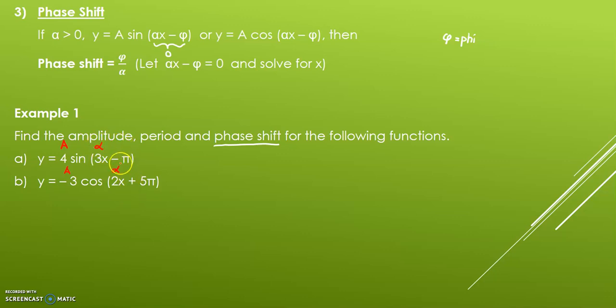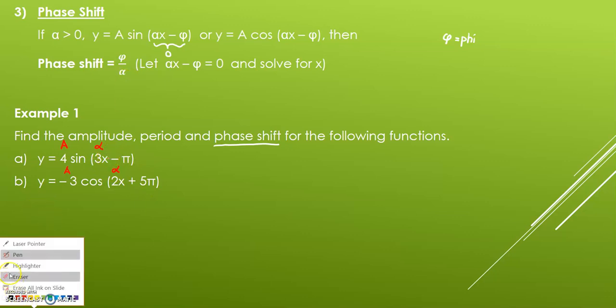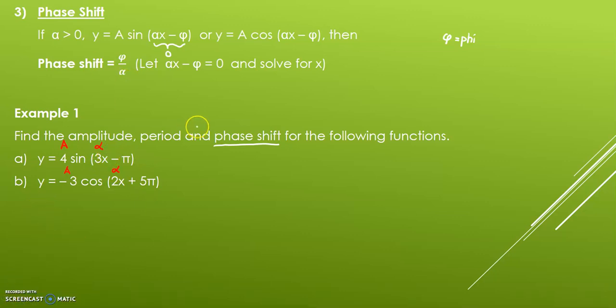In order to find the phase shift, we will let the bracket equal to 0. Looking at question A, I start with amplitude. A is equal to modulus of 4, so also equals 4.